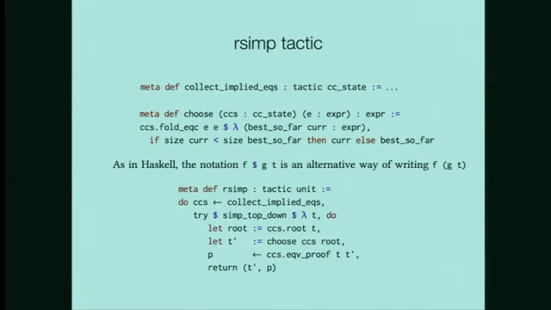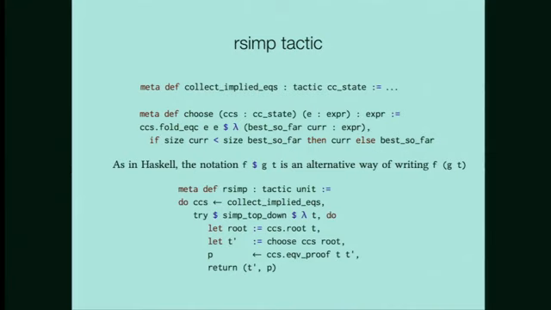We have the best so far and the current expression. If the size of the current expression is smaller than the size of the best so far, we return the current one as a result, otherwise we keep the best so far. We do this fold looking for a minimal element in the equivalence class.